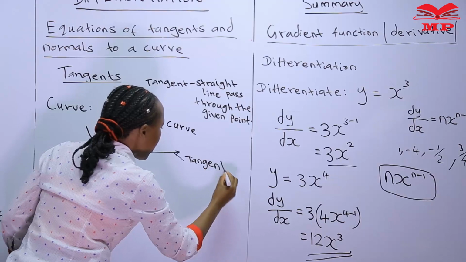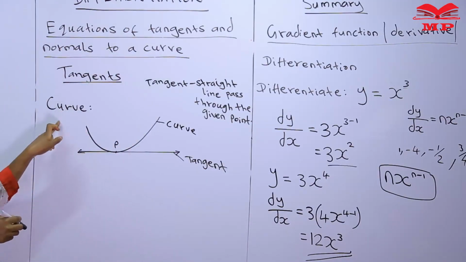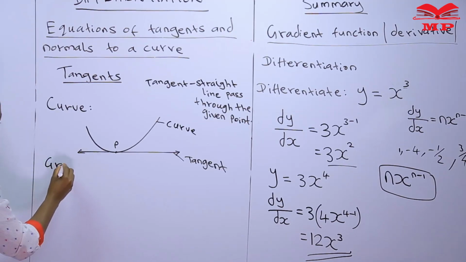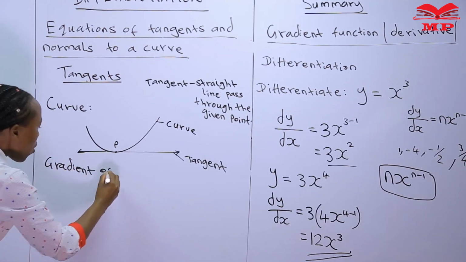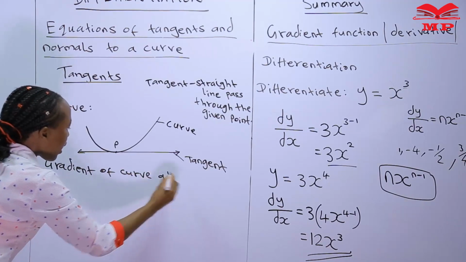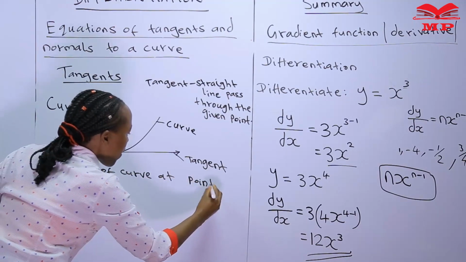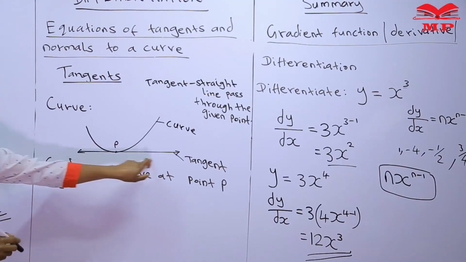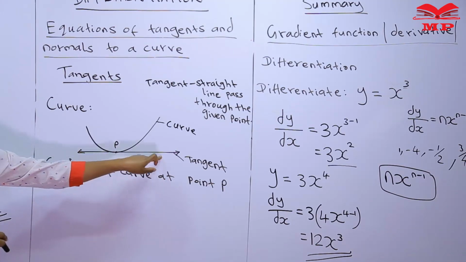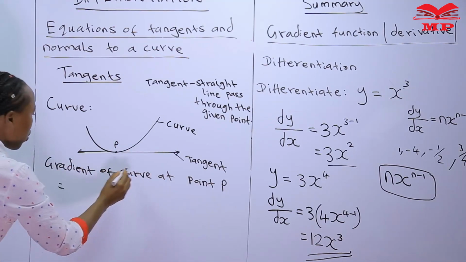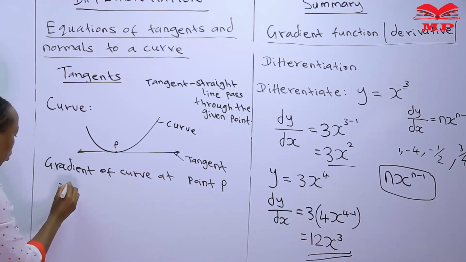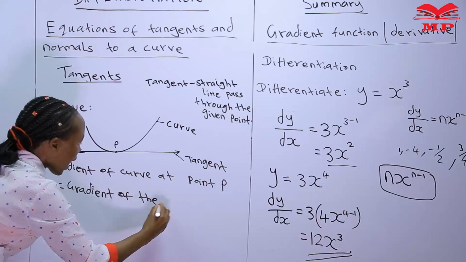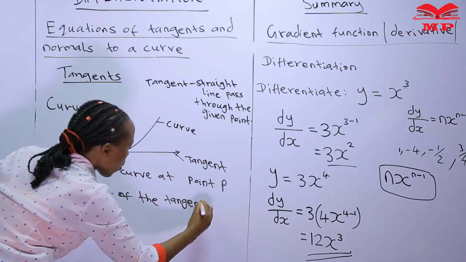This is the tangent. So when we want to find the gradient of the curve at point P, we simply get the tangent, and then we find the gradient of the tangent. So the gradient of the curve at point P is equal to the gradient of the tangent.